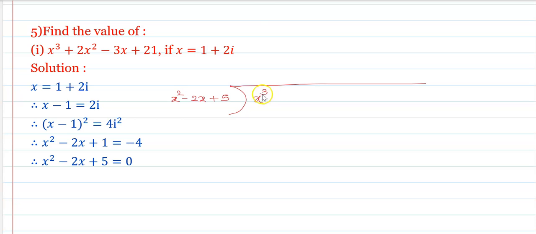It is x^3 + 2x^2 - 3x + 21. Now what is the first term here? It is x^3. Then how will we get x^3? We have to multiply this polynomial by x first of all. Therefore I am writing here x. x into x, you will get x^3.